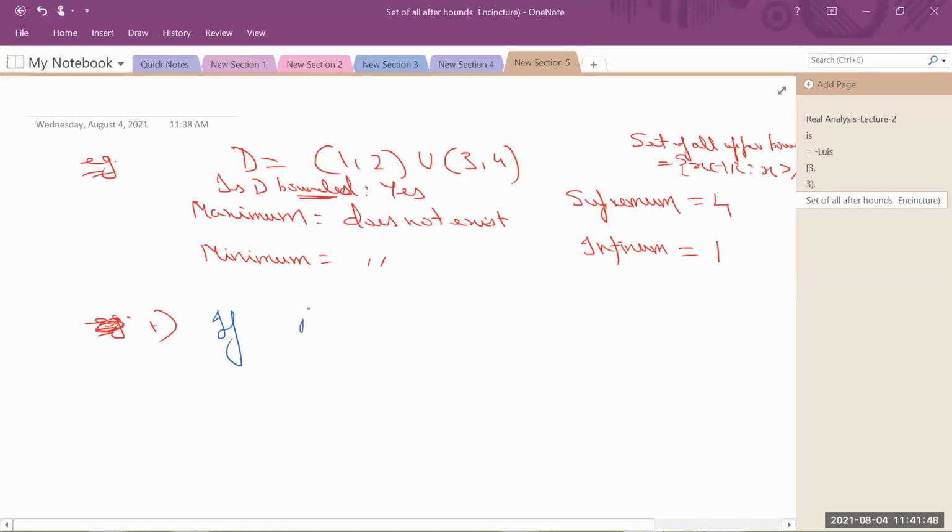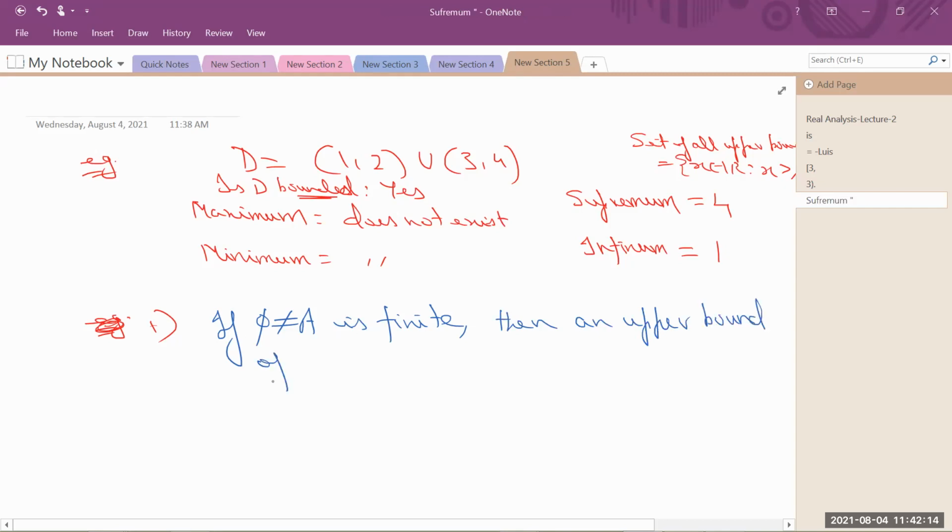Question is that if A is a non-empty set and is finite. हालांकि अभी आपको मैंने फाइनाइट इनफाइनाइट में डेफिनेशन नहीं कराया. एनीवे, फाइनाइट इनफाइनाइट काउंटेबल अनकाउंटेबल मैं अलग से डिटेल में टॉपिक डील करूंगा. But if A is a non-empty finite set, then claim is that an upper bound of A belongs to A.